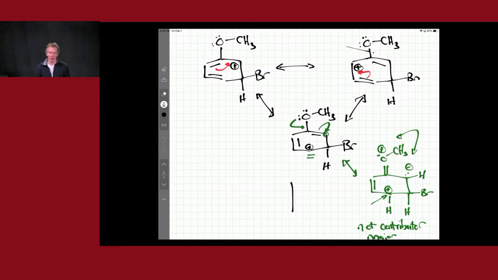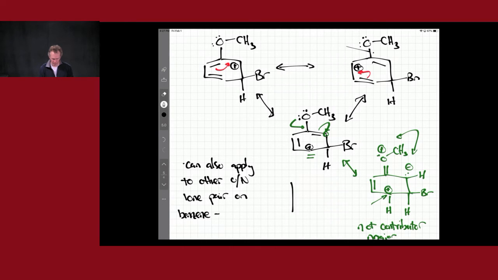And we can extend this to any other situation where we have an oxygen or nitrogen lone pair directly attached to the benzene ring. Okay, only caveat is that it has to be, as I've shown you here, directly attached to the ring.